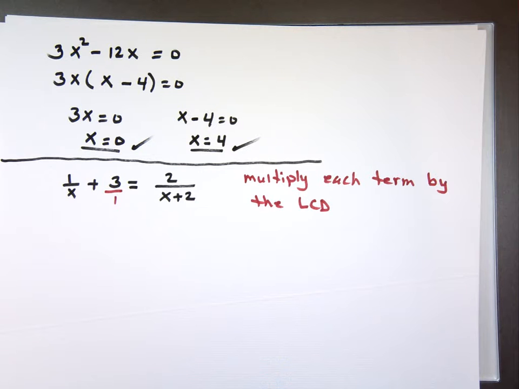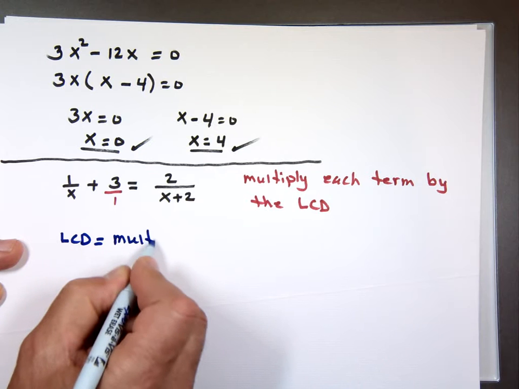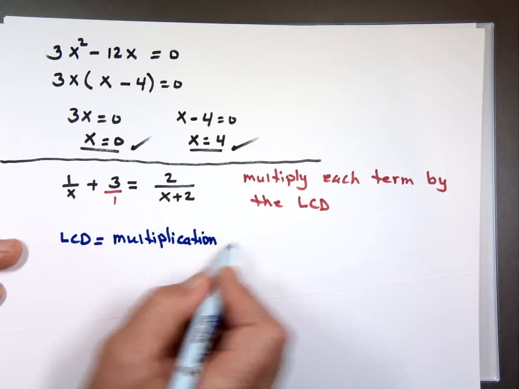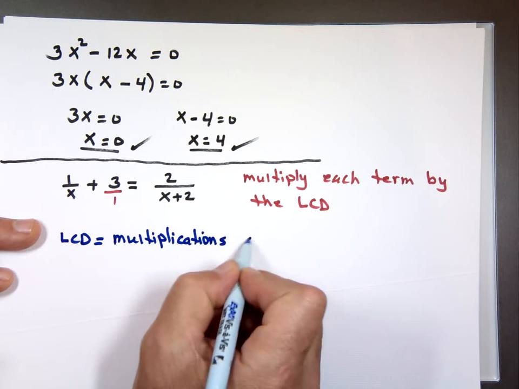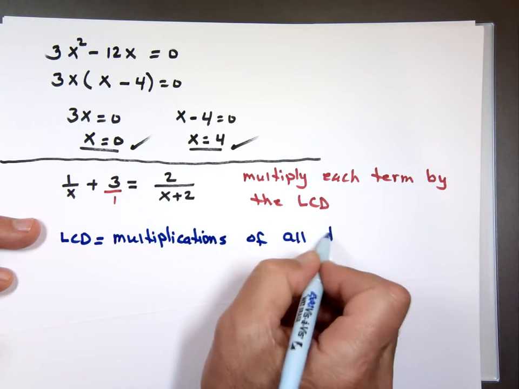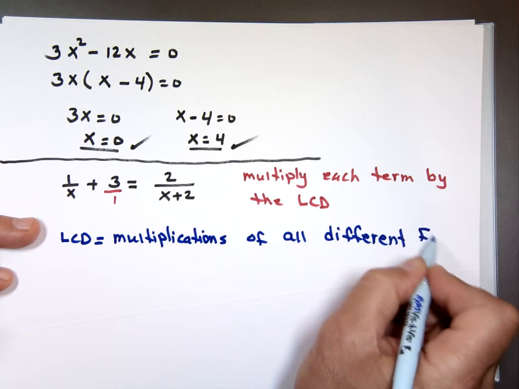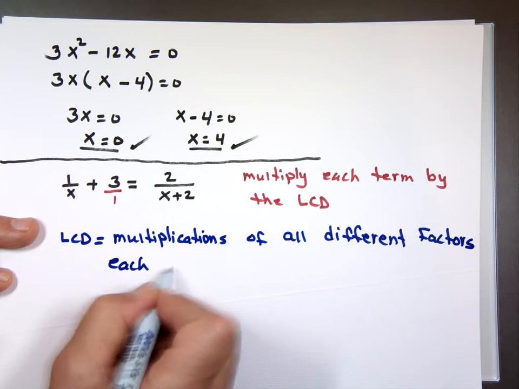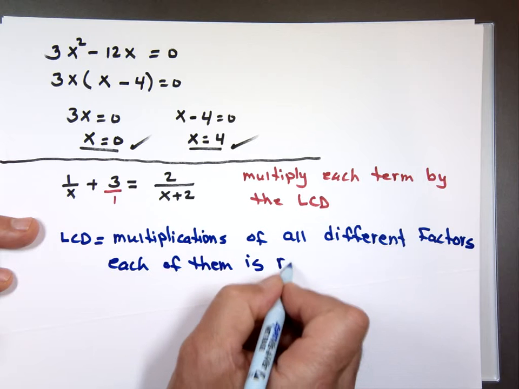Need to write it down? LCD. The multiplication of all different factors, each of them raised to its highest power.